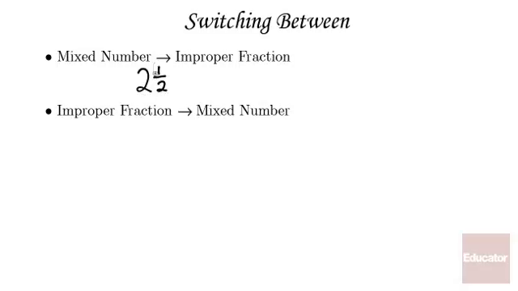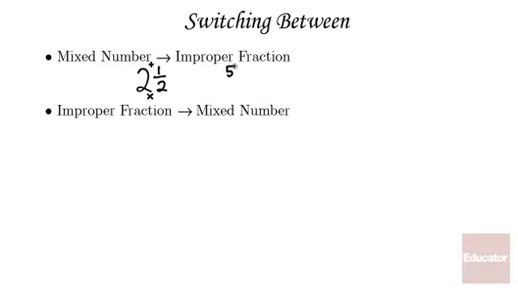So it'd be 2 times 2, which is 4, and then you're going to add the top number, plus 1. So again, take the bottom number, 2, multiply it by the whole number, and add the top number. So it's 2 times 2, which is 4, plus 1 is 5.